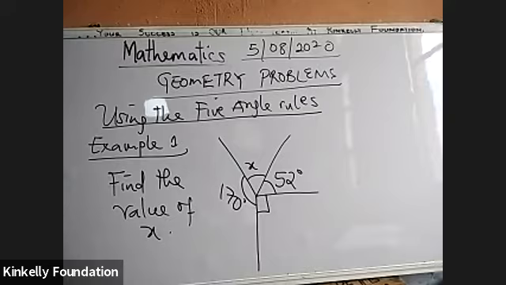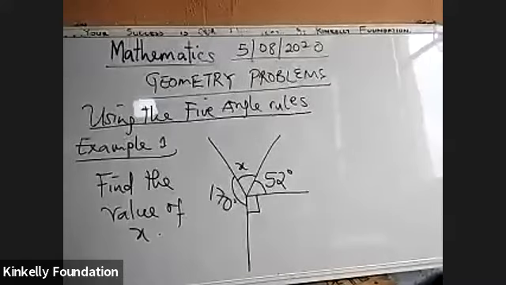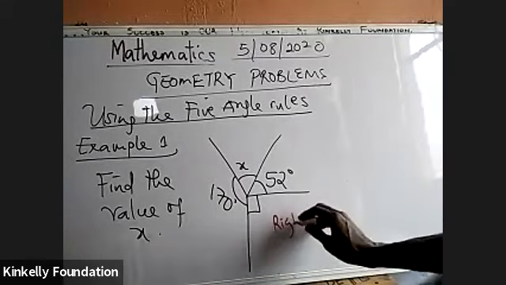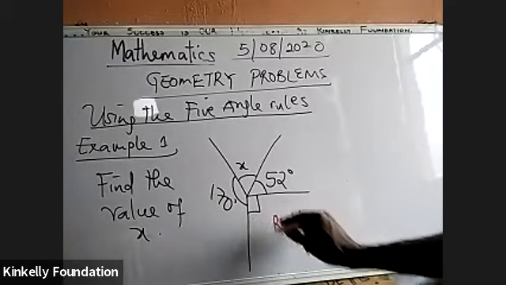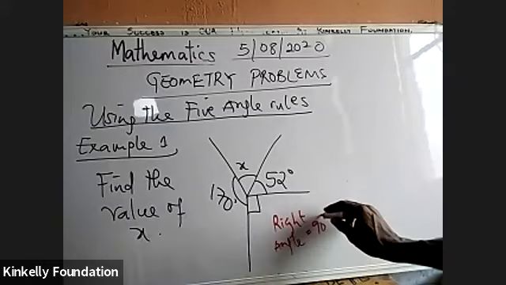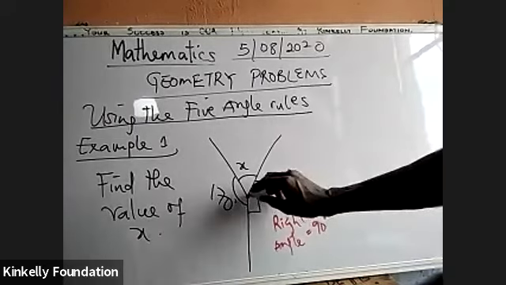When you are given this type of problem, and they say you should find the value of x, what do you think you're asked to do? We need to recall that this symbol here shows a right angle. And a right angle is equal to 90 degrees. So in one of our rules, rule number 4, angles around a point is 360 degrees.